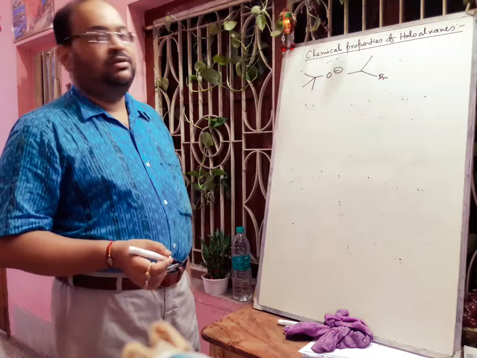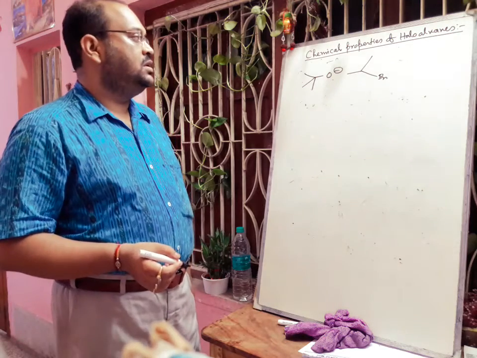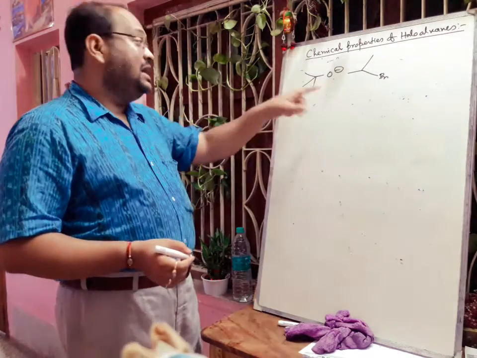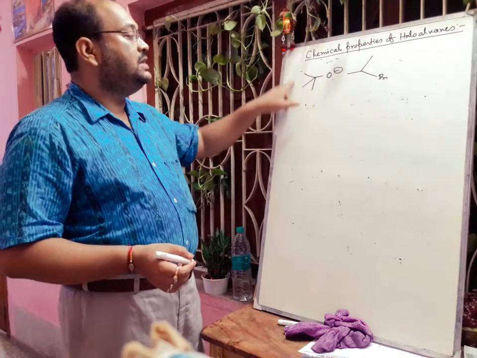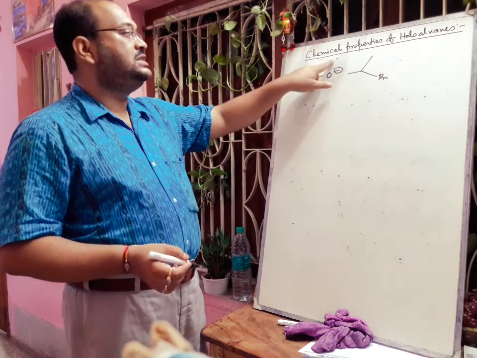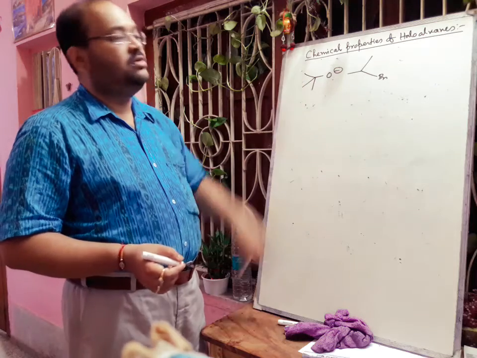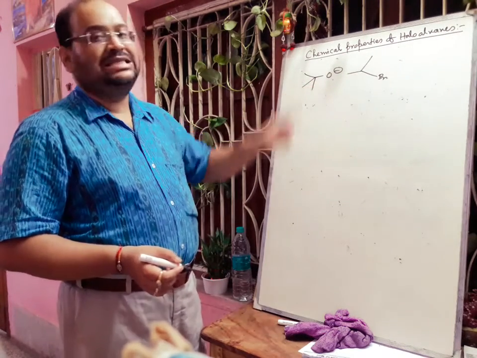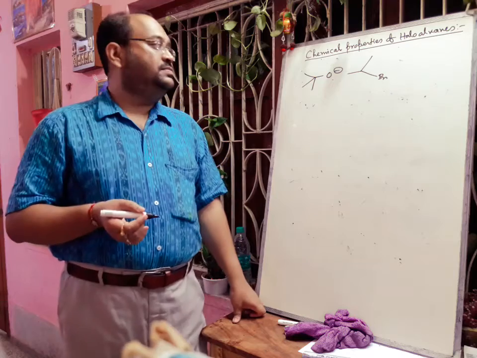So now what will happen here? Whether elimination reaction or substitution reaction. As the size of the base is big, that means sterically hindered, a tertiary butyl group is there, so it cannot act as a nucleophile.